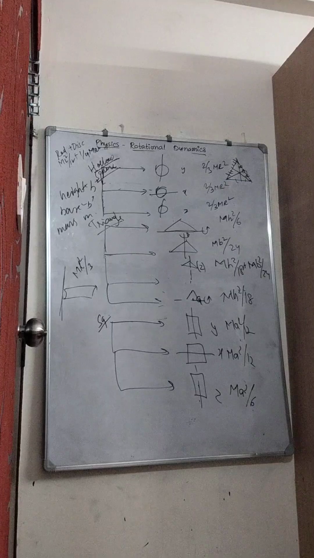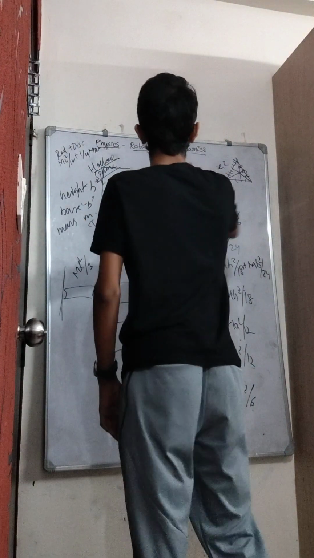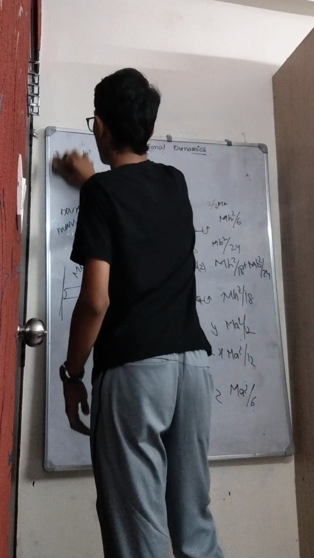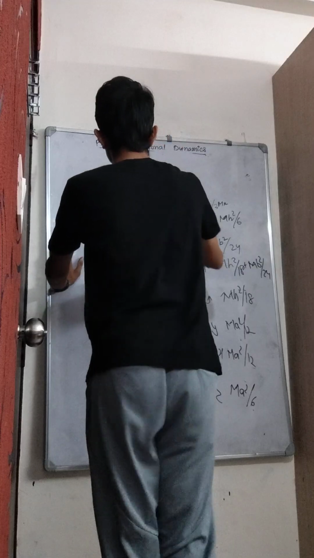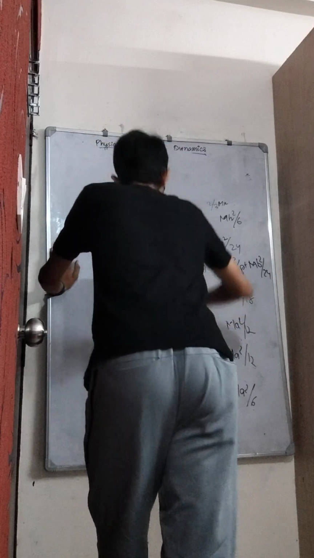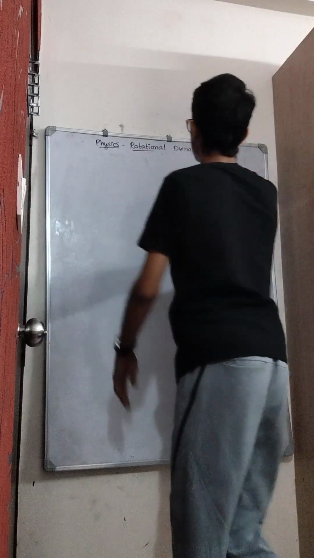Next video I will explain what is radius of gyration. Or in this video itself, it's a small topic, I think I can finish radius of gyration, and I'll finish both topics now because I already have enough time, 6 minutes.